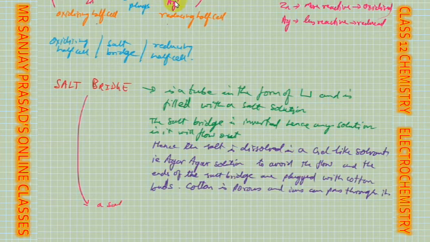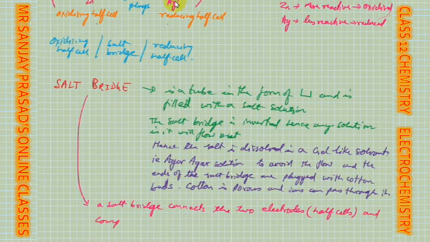A salt bridge connects the two electrodes, that is, the two half cells, and completes the circuit. It connects the two half cells and completes the circuit.